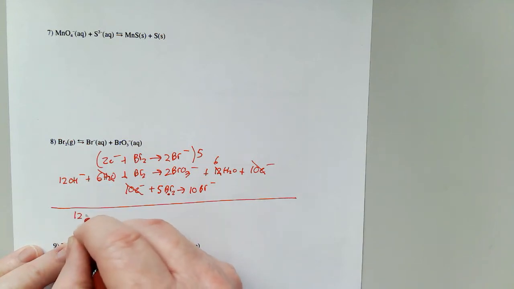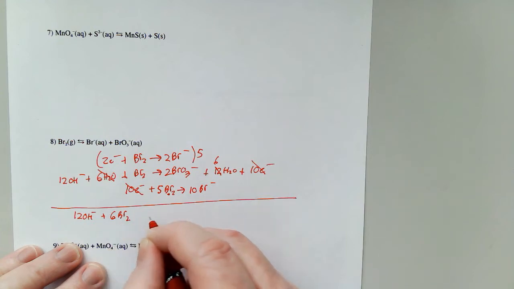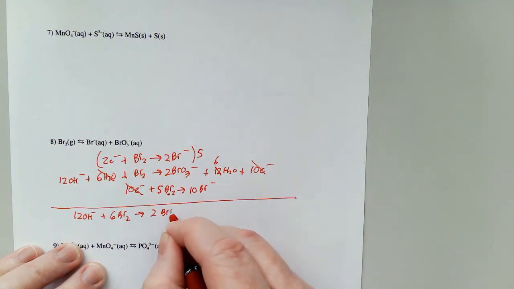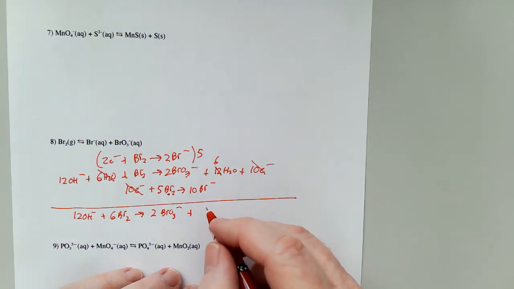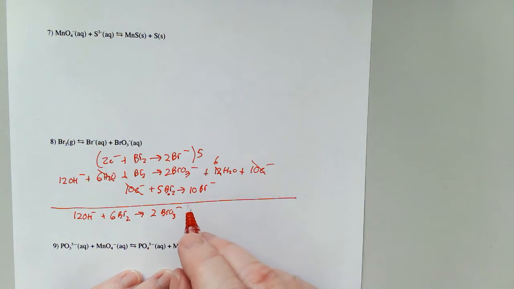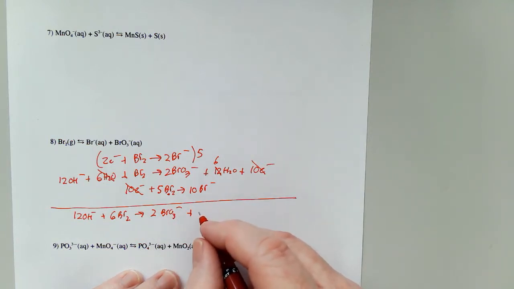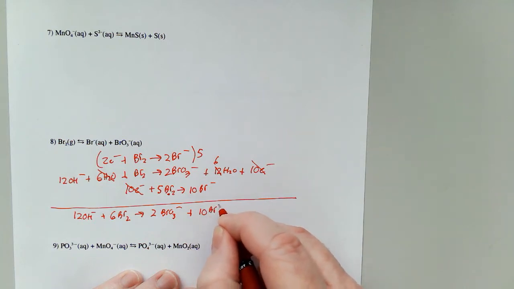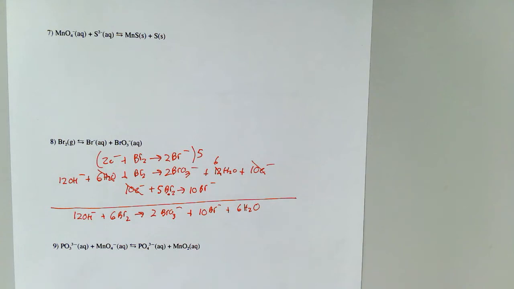So I have 12 OH minus plus 6 Br2s to give me 2 BrO3 minus plus, now I have 10 Br minuses and 6 H2Os.